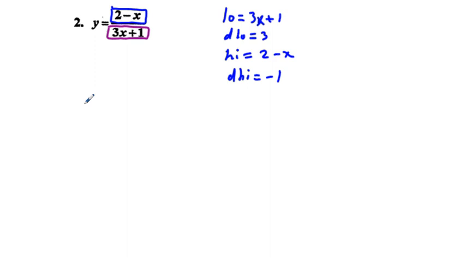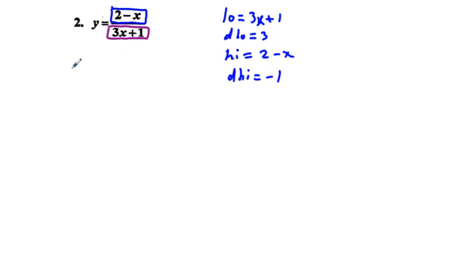The low, I'm going to write down as 3x plus 1. That's our denominator. And the derivative of our low is going to be 3. Our high is going to be 2 minus x, and the derivative of our high, the derivative of 2 minus x, is going to be negative 1.